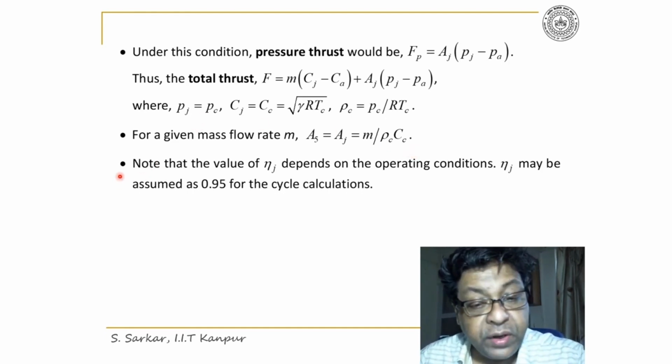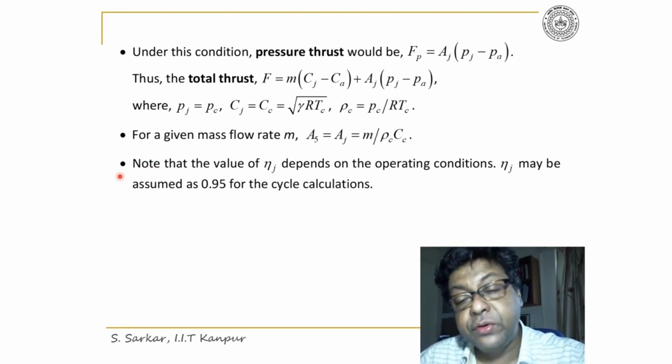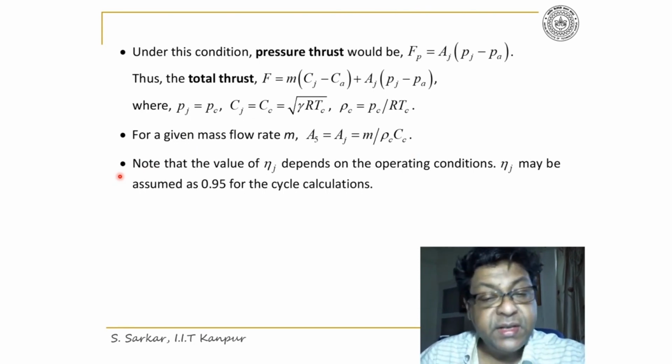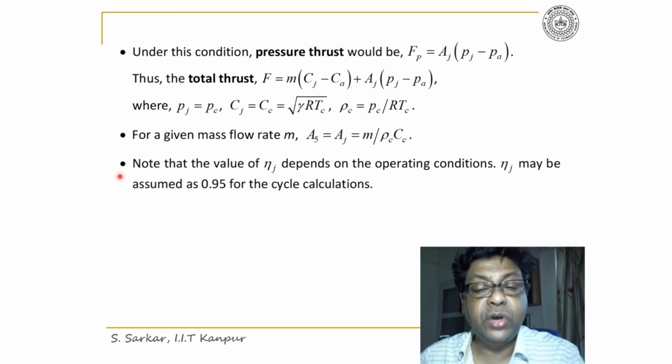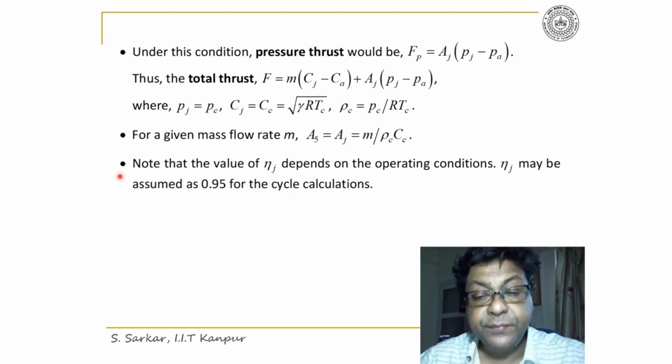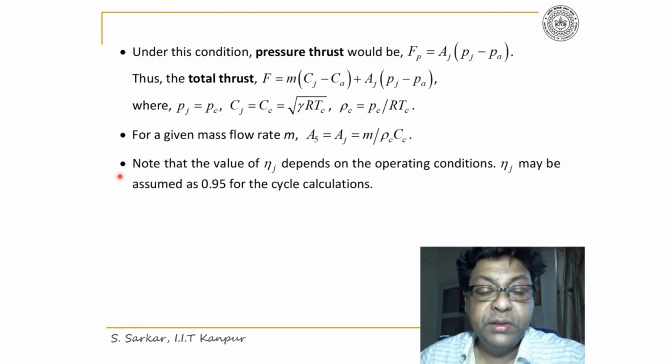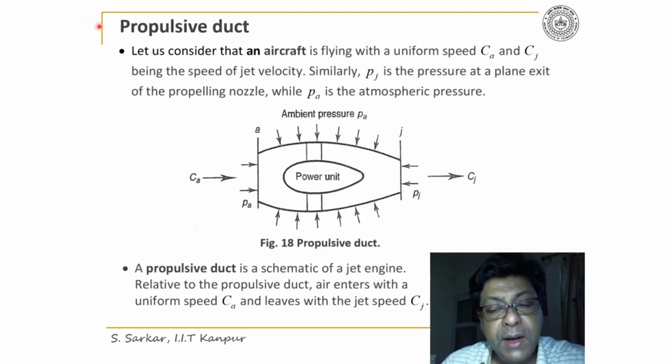Now, here I would like to state that the nozzle efficiency depends on the operating conditions. However, for cycle calculation, we may assume the nozzle efficiency as 0.95. I'll now discuss the propulsive duct.